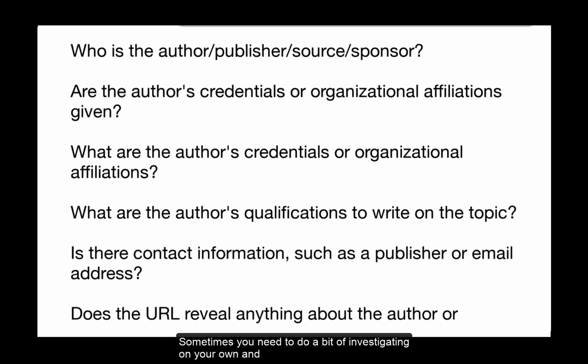Sometimes you need to do a bit of investigating on your own and Google the author. If it is an organization that is listed as the author, are they a reputable organization? Do you see this author or this organization cited in the books or articles of other researchers? If you do not see an author or organization listed, that is a red flag that this is not a reliable source. We need to know who is presenting the information.